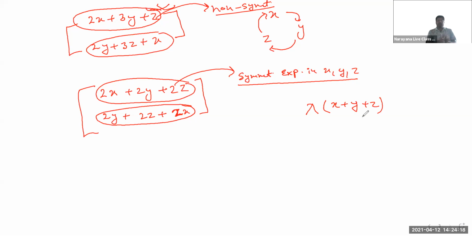So lambda times of x plus y plus z is a symmetric expression in x, y, z, which is also linear. So any linear symmetric expression in x, y, z is of the form lambda times of x plus y plus z. Okay.